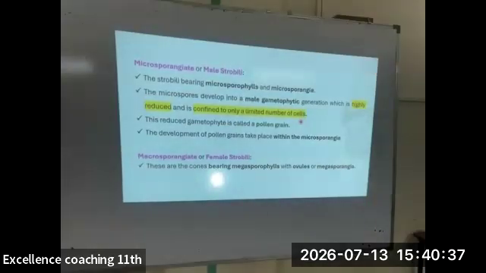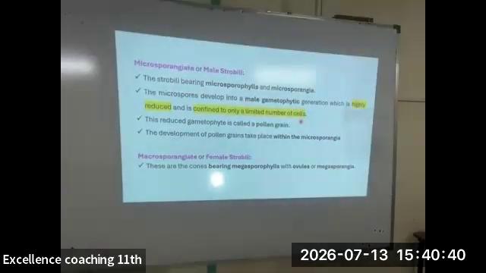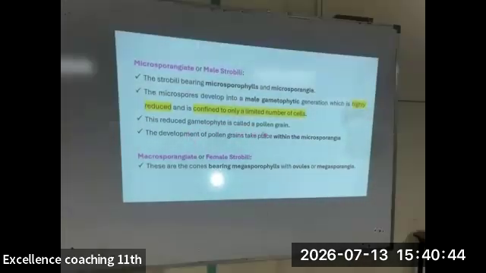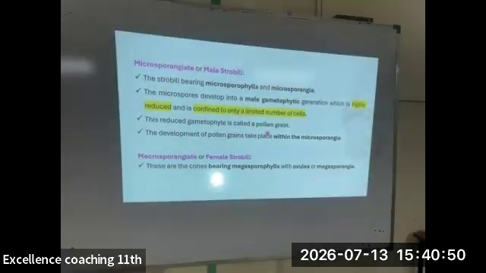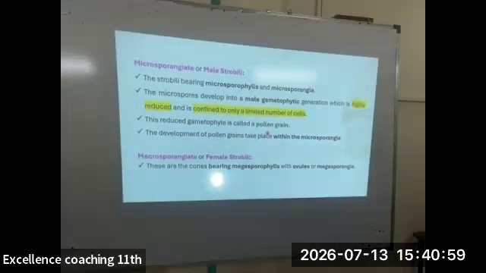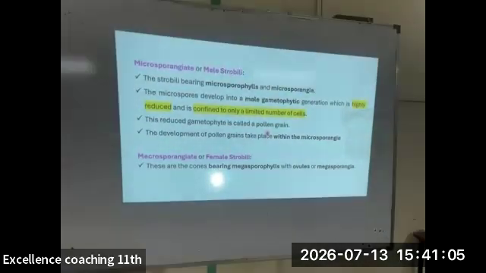Highly reduced means very small. This reduced gametophyte is the pollen grain. So now you know why we say it is highly reduced. Did you see pollen grain anywhere? Do you know the hibiscus flower? That powdery thing is pollen grain. It feels almost like powder, so you can imagine how reduced it is.